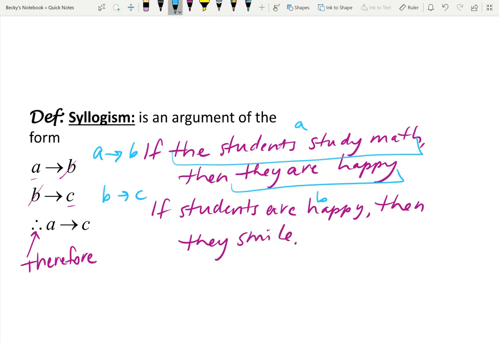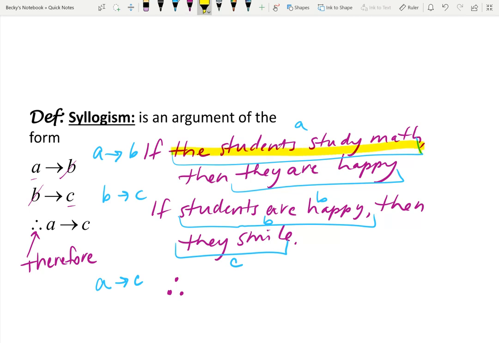Now, I have my B, and then my ending of the new sentence is my C. So now I'm going to do my A, then C. So I'm going to start either by writing the word therefore, or I do my three dots. And I want to start with the very first sentence that I had. If the students study math, then they smile. And that is my final conclusion.